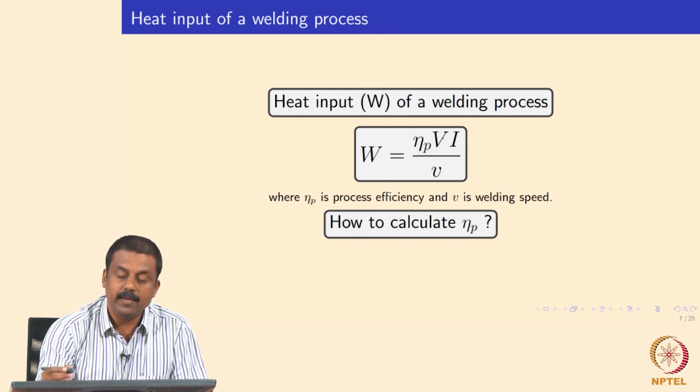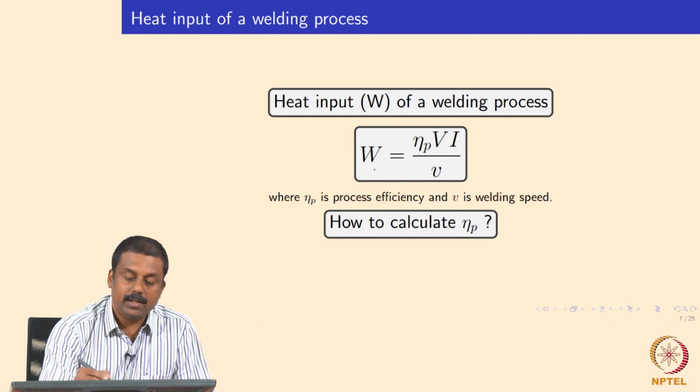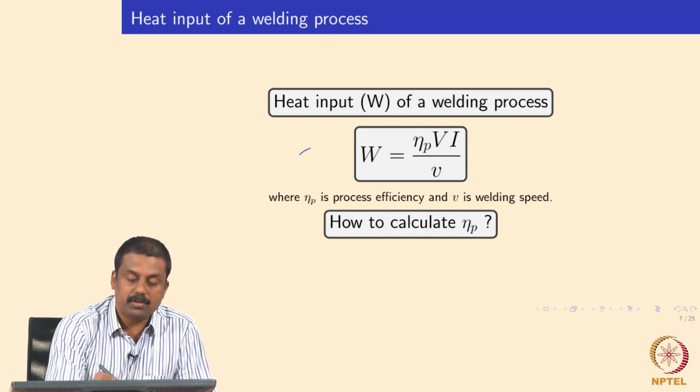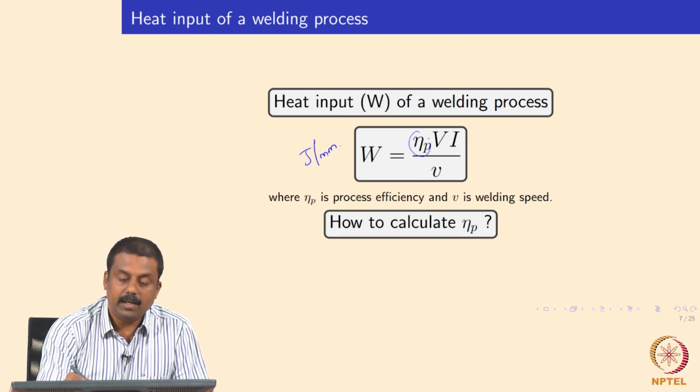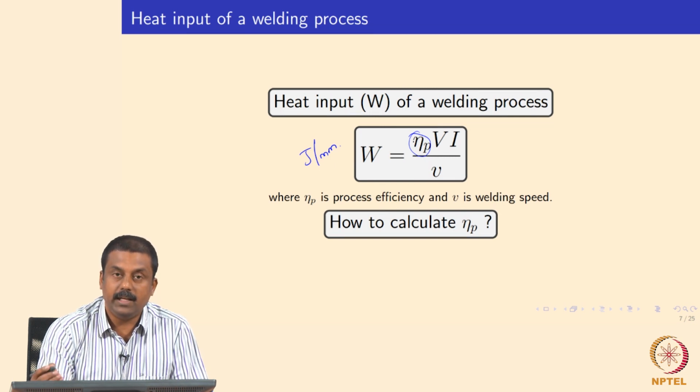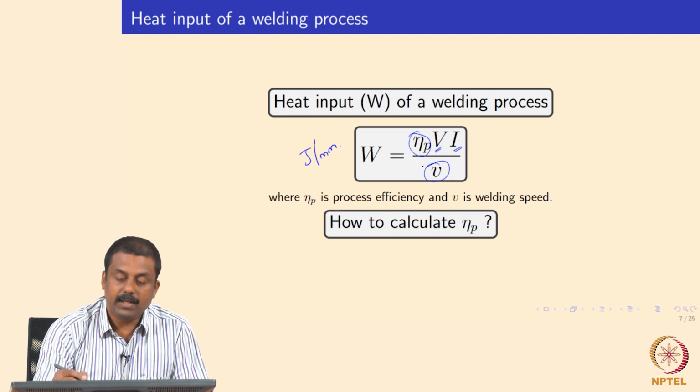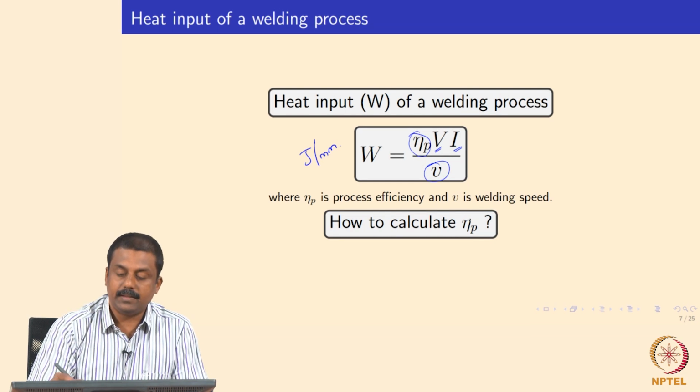The heat input, which is calculated in joules per mm, is nothing but eta, the process efficiency, which determines how much of the heat generated in the arc is transferred to the workpiece, times V, the voltage of the circuit, and I, the amperage, the current you send into the system, over v, the speed of welding. So the important parameter here is the efficiency.